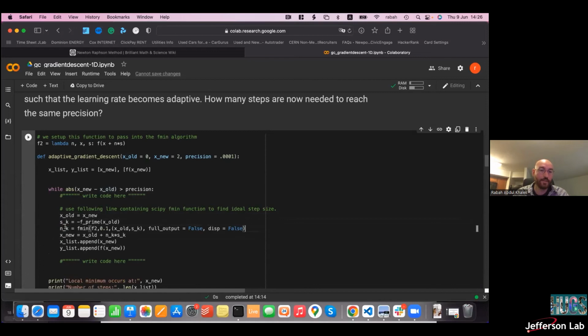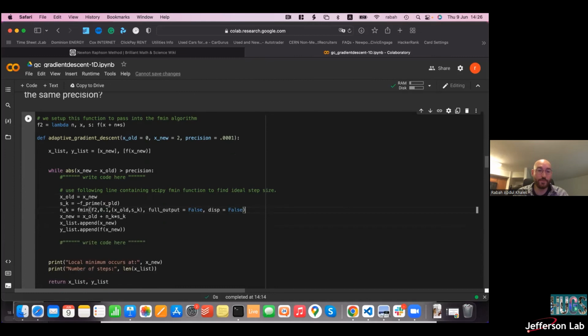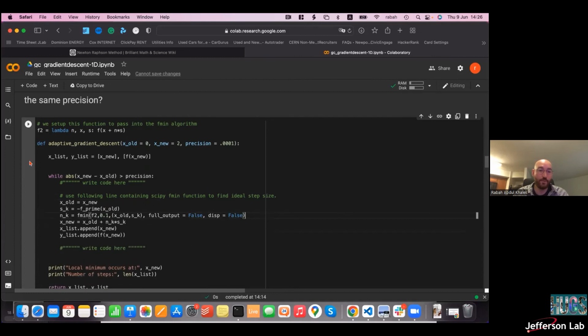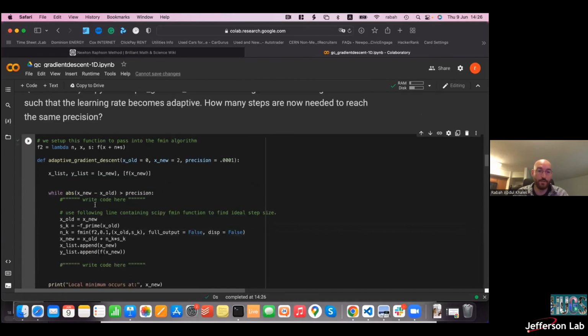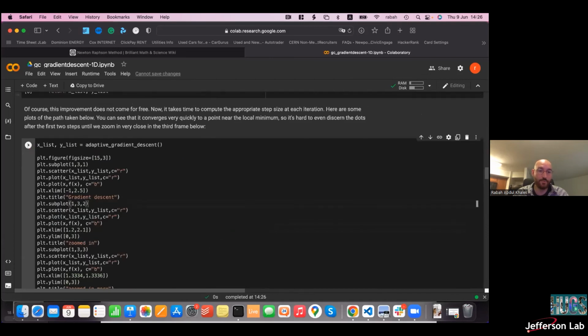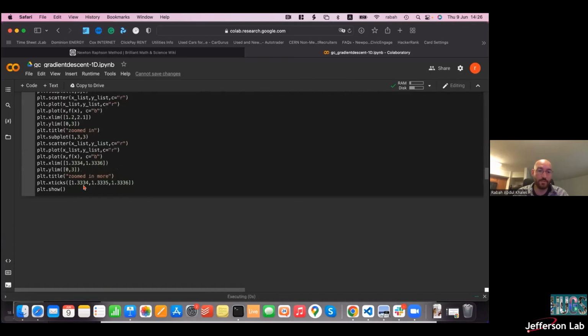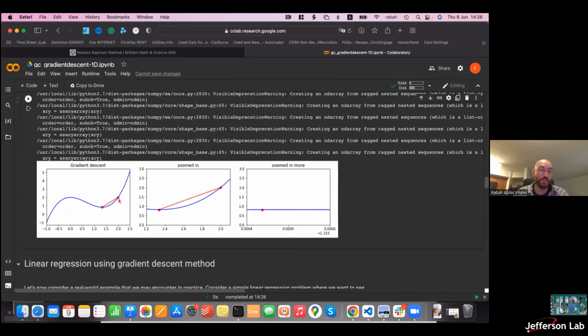So now NK is not an argument anymore, it's just computed every step. And if I load this, same thing, I just rerun with adaptive gradient descent. And you can see, starting from 2, it takes only 1 step to find the minimum in that case, as opposed to before.